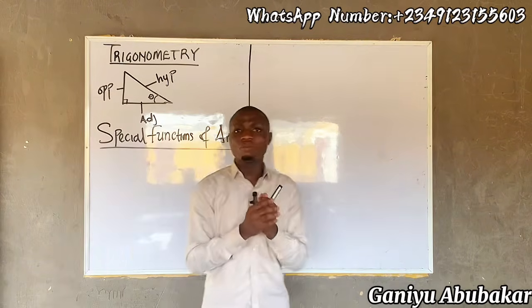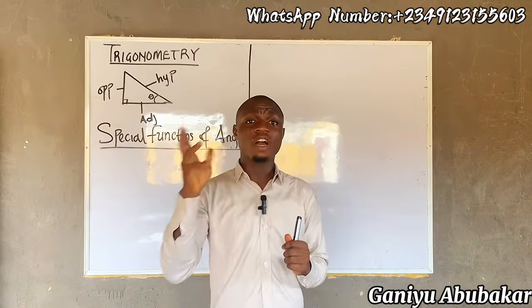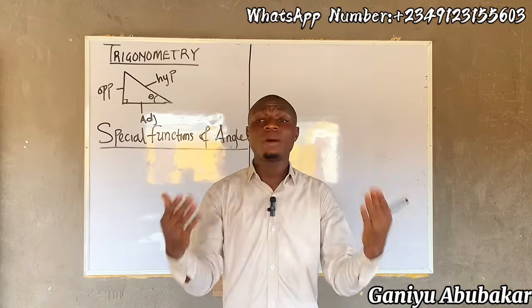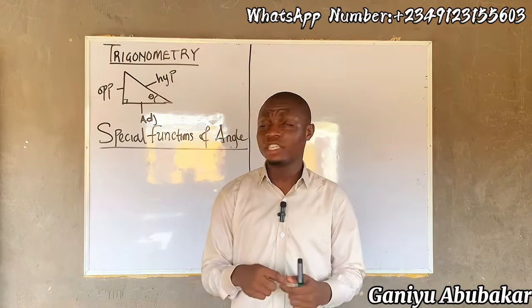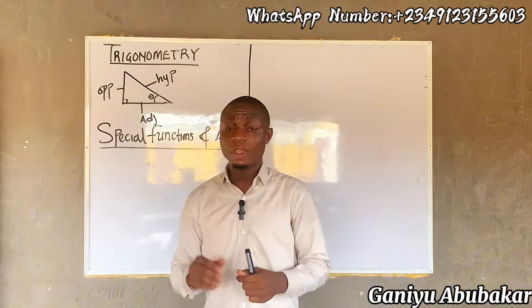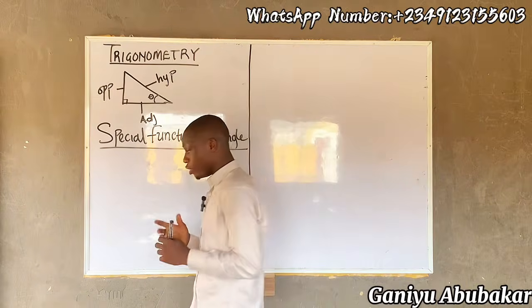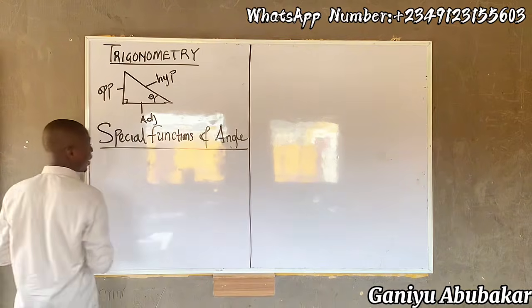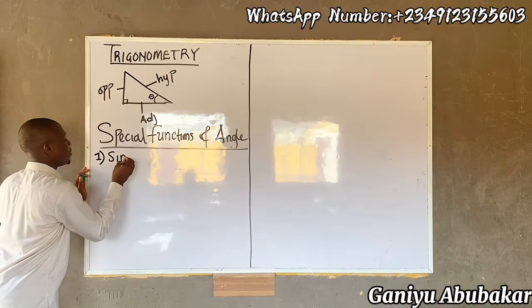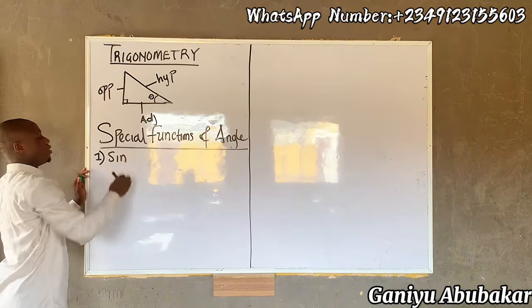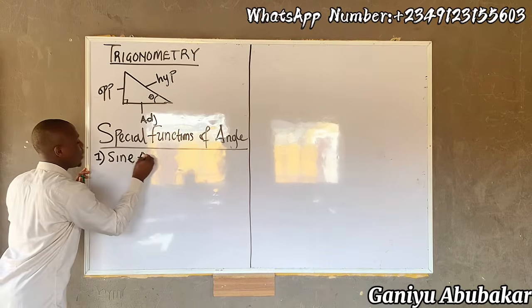When it comes to special functions of angle, we'll look at those functions of angle that we need in the study of trigonometry. I think there are 6 in number, right? So first, number 1 is given as sine. Perhaps we use an angle theta here. So let me just say sine theta.